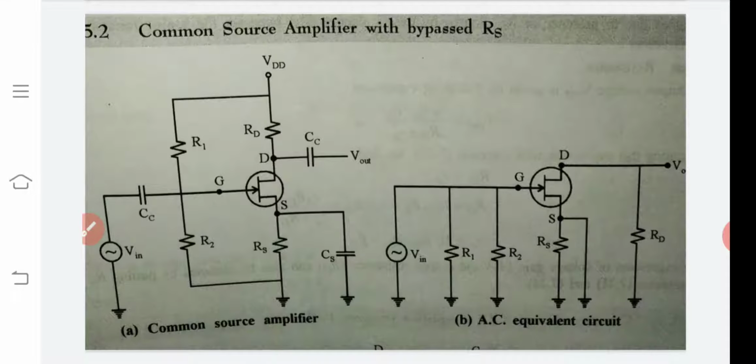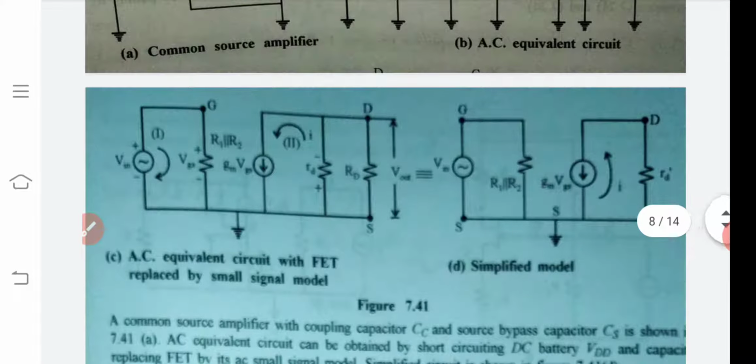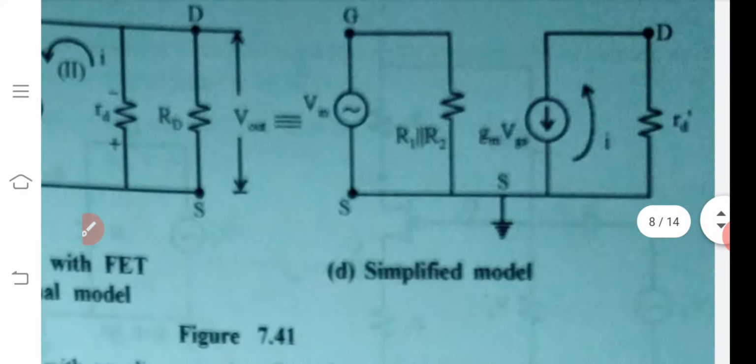We translate this circuit into a small signal model like that. The simplified model is the final diagram.